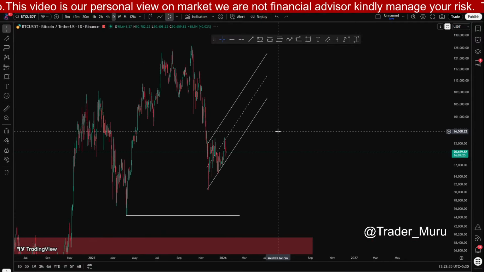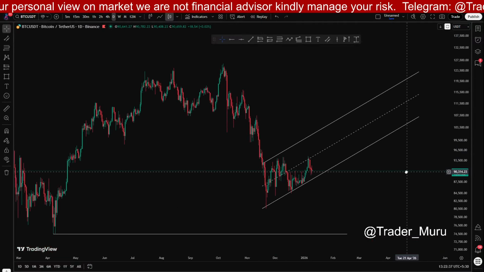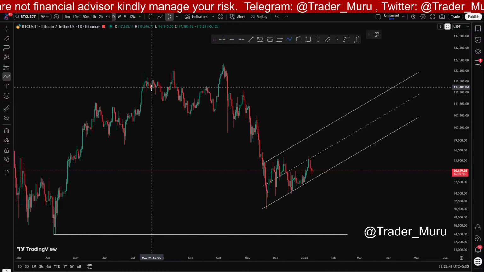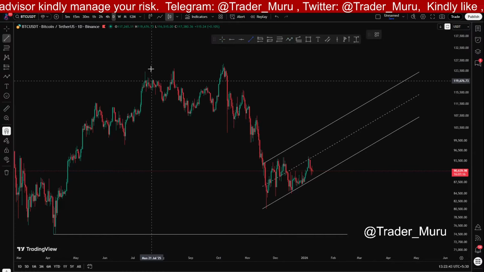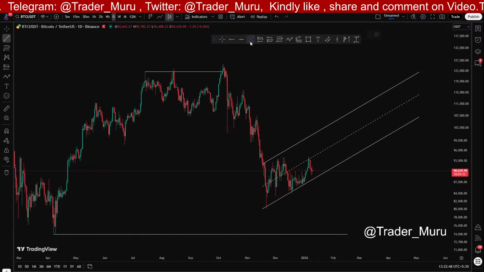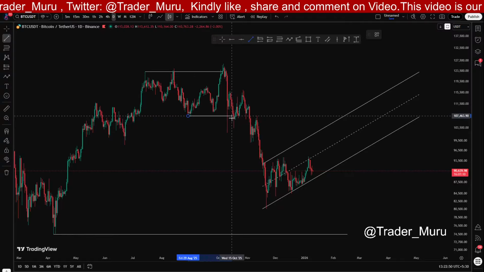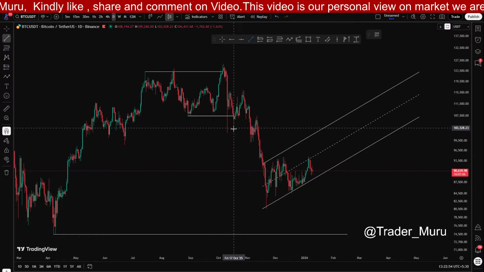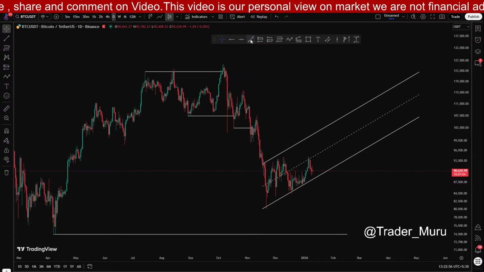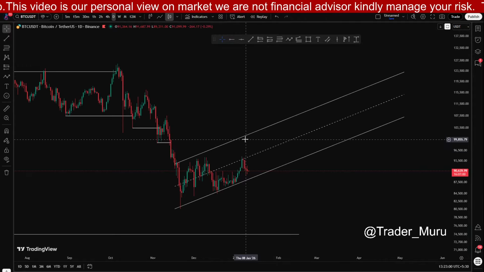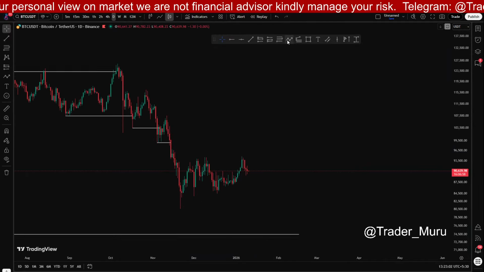First of all, you can clearly see that price is continuously making lower lows and lower highs. This is our last breakout structure. Then this is our change of character. After that, a new breakout structure, again a new breakout structure, and our last breakout structure is this one.